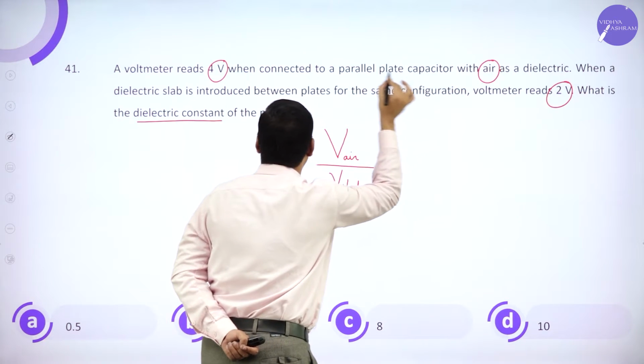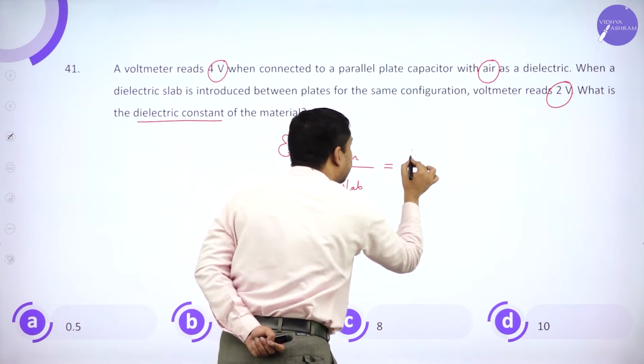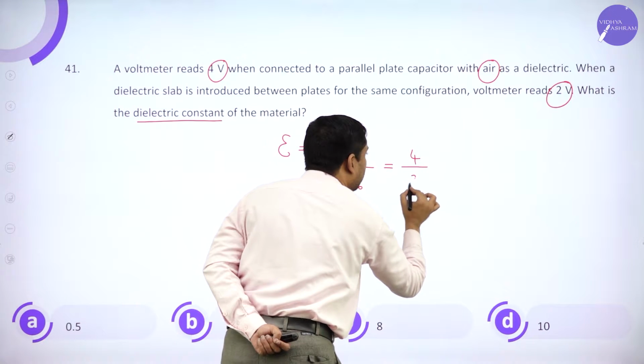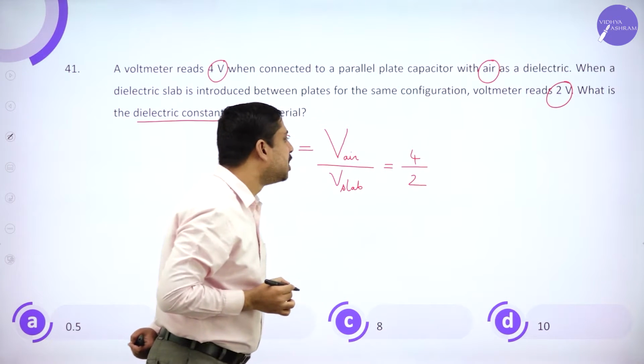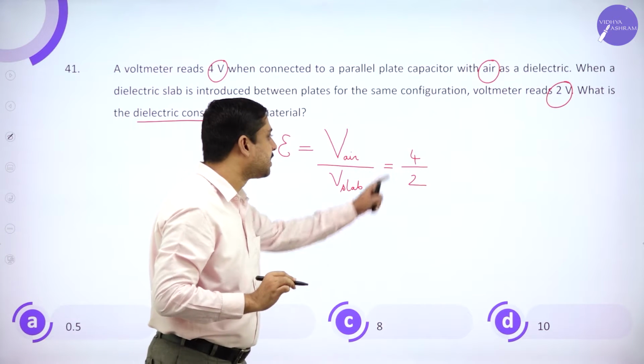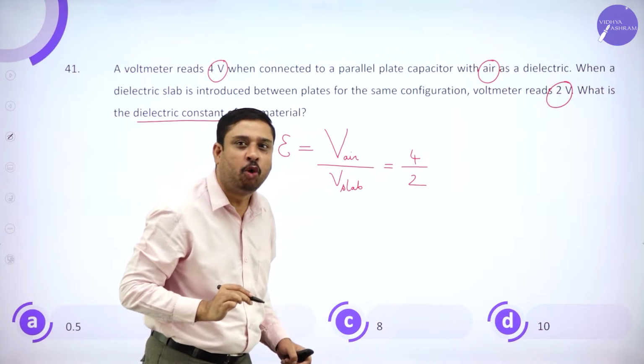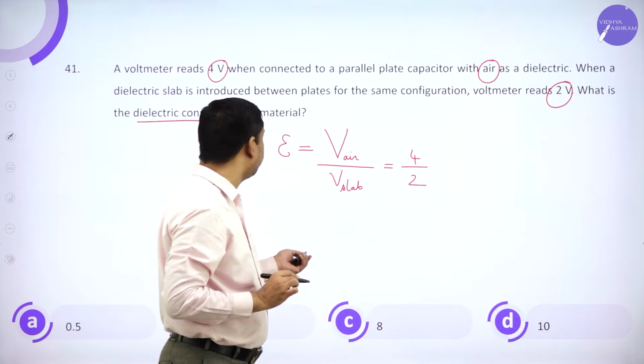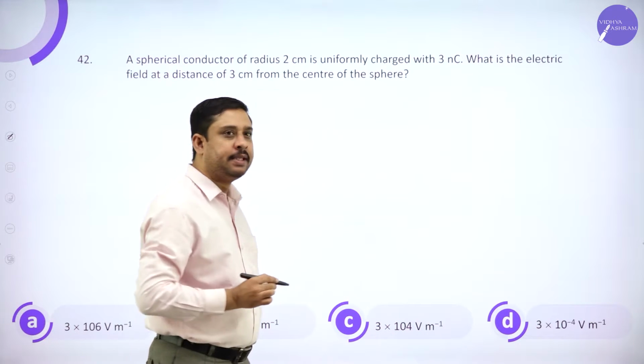When air is the medium, the voltmeter is reading 4 volts. With slab, it is 2 volts. So, the dielectric constant is 4/2, which is equal to 2. Next.